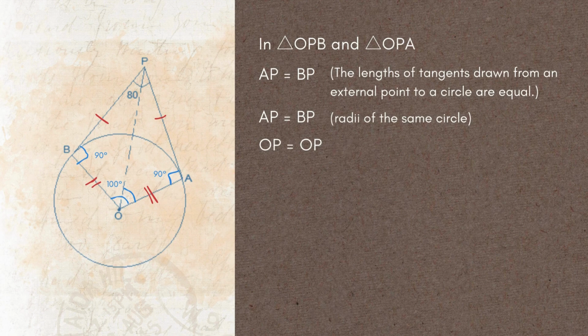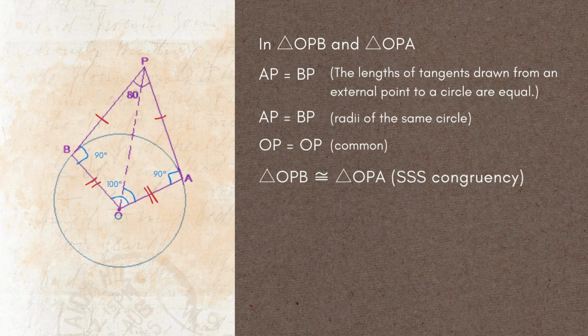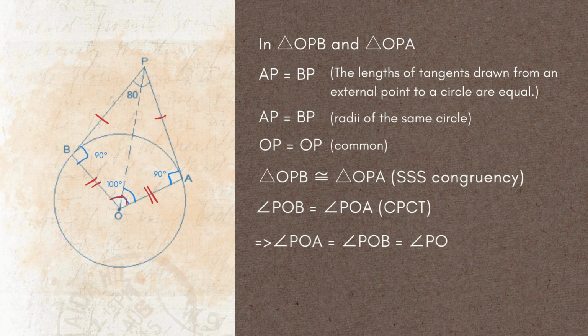Therefore, by the SSS congruency rule, triangle OPB is congruent to triangle OPA. So, angle POB is equal to angle POA by CPCT. That means angle POA is equal to 100 by 2, that is 50 degrees, which is also equal to angle POB.